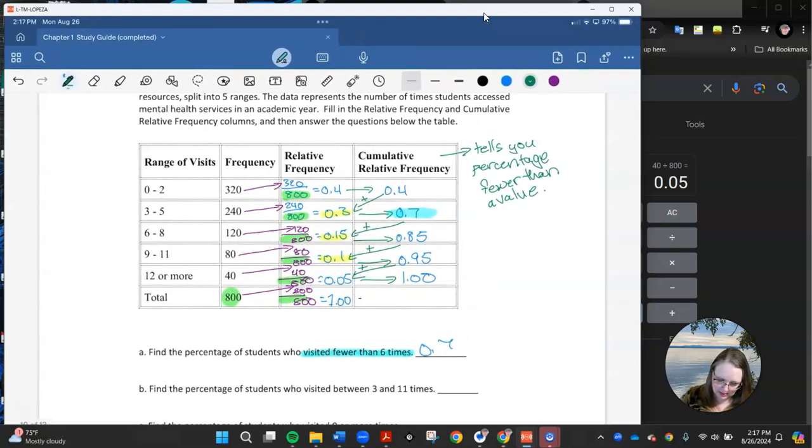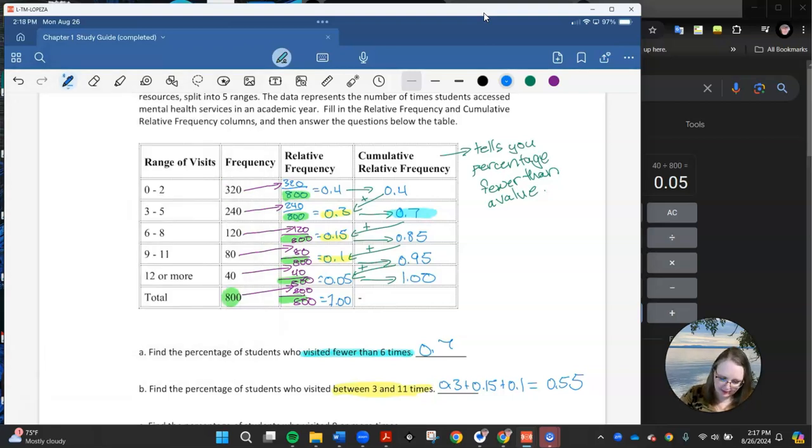So that's going to be, let me get the highlighter there so we know where I found that information. 0.3 plus 0.15 plus 0.1, and that's going to give us 0.55. You could do that other ways. There are other ways to get that same value in the chart. Well, let me make sure I did that right. 3, 4, 5, 5. Yep, 0.55.